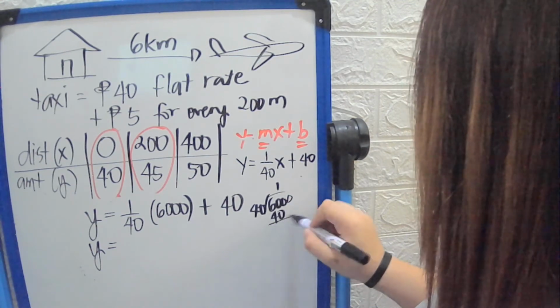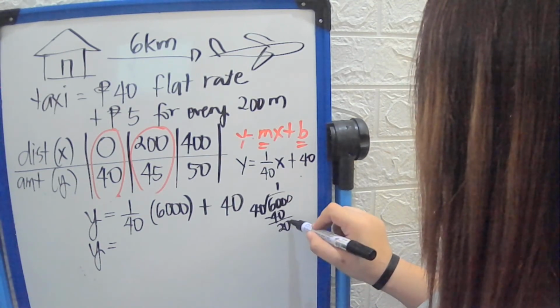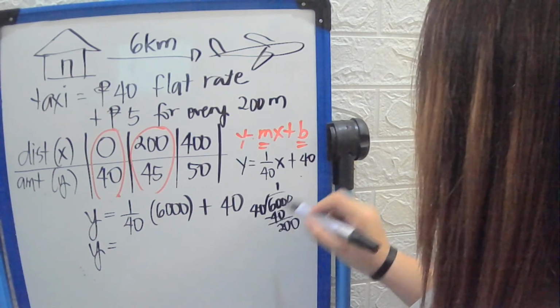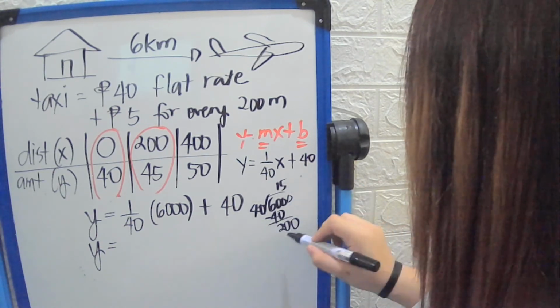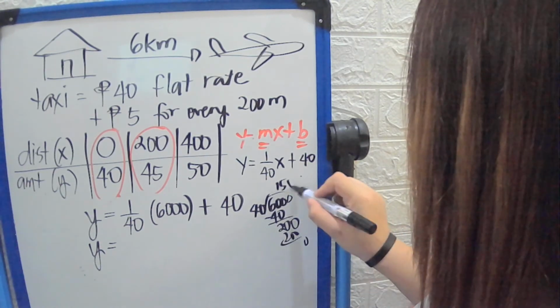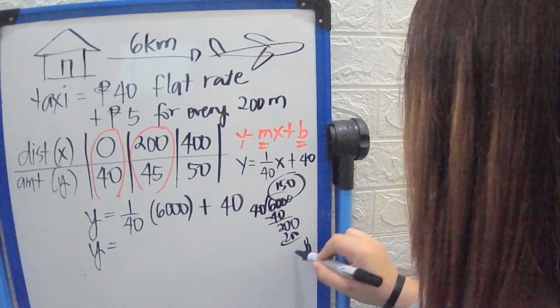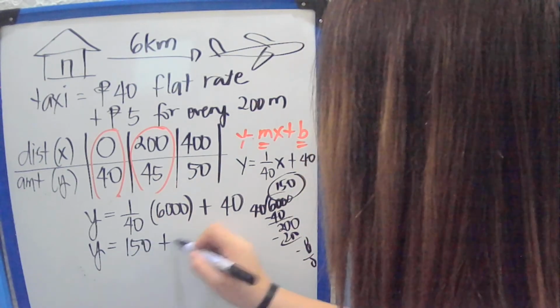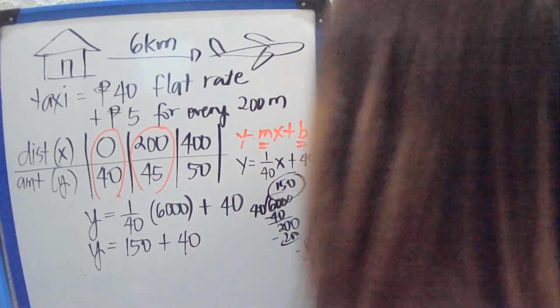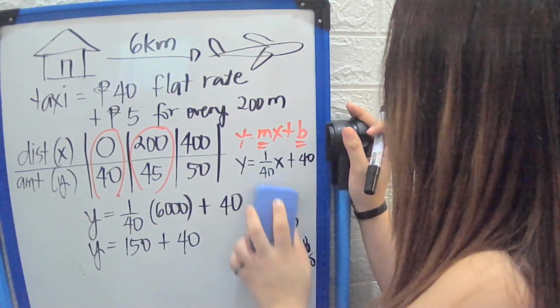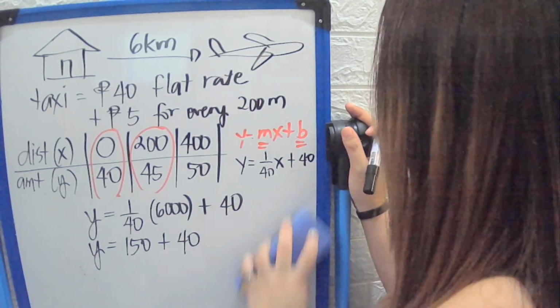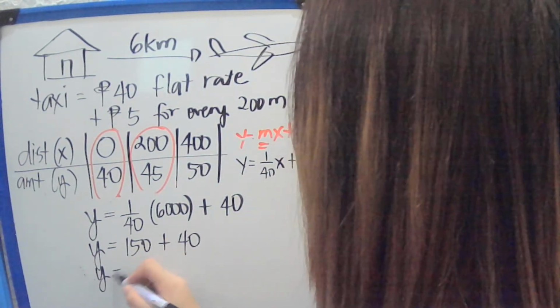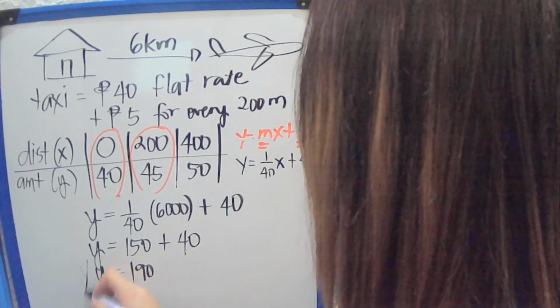So, 40 minus 20, bring down 1 0. So, that will be 5, 200, then 0, 150. So, there are 150 here, then plus 40. Now, 150 plus 40, that will be 190. So, this is in pesos.